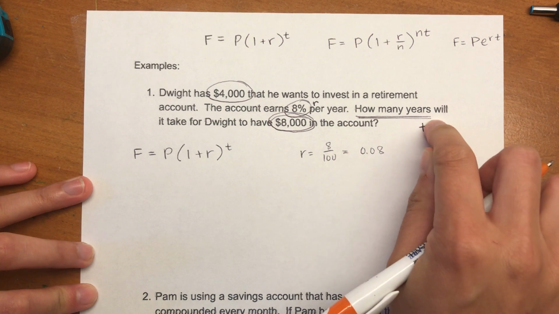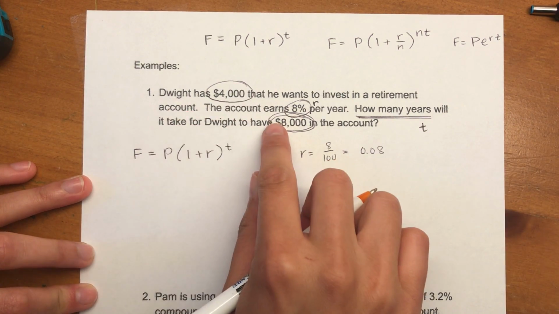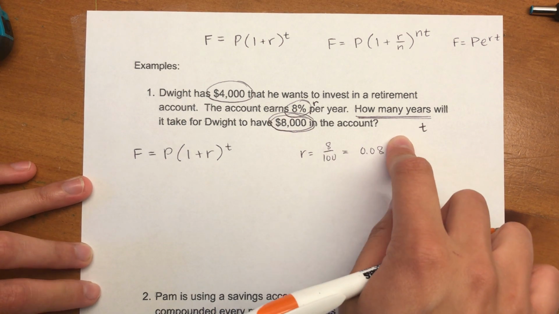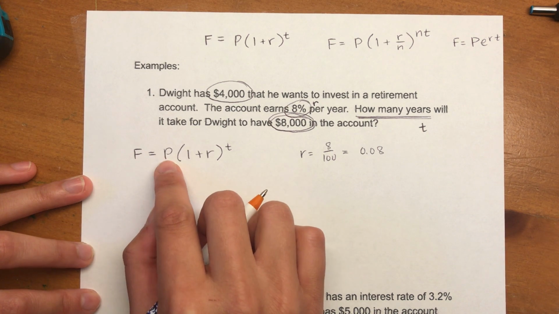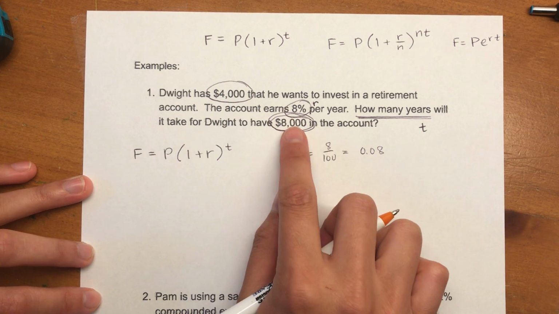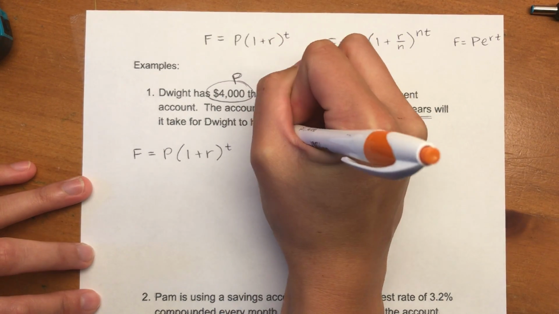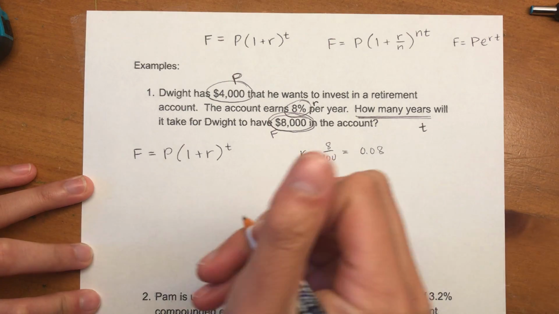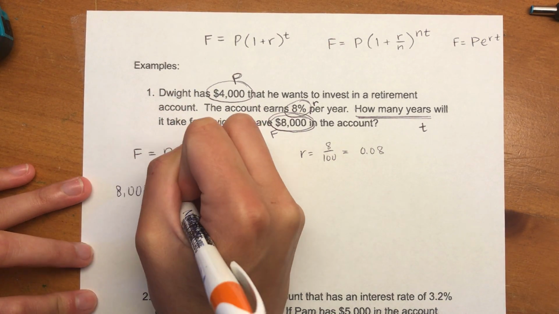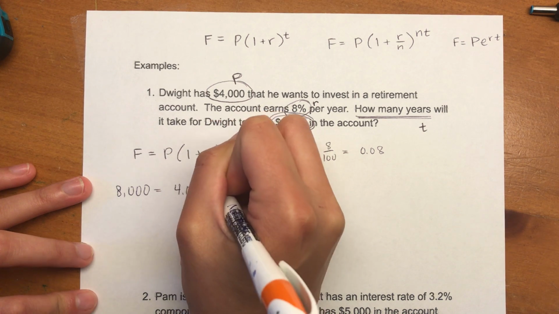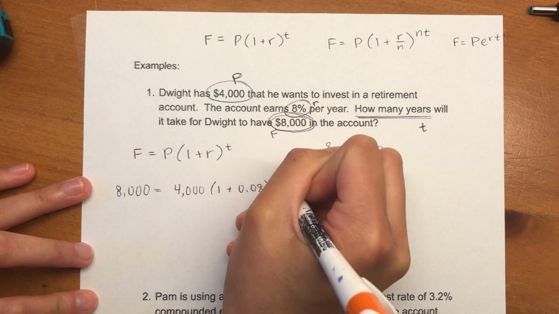And then how many years, t? We don't know the years, so that's going to be t. Will it take for Dwight to have $8,000 in the account? If I've got my final value and my initial value, we're starting with 4,000 and we're going to end with 8,000. So 4,000 will be P, and my 8,000 will be F. If I substitute all these values in, I get 8,000 equals 4,000 times (1 plus 0.08) to the t.